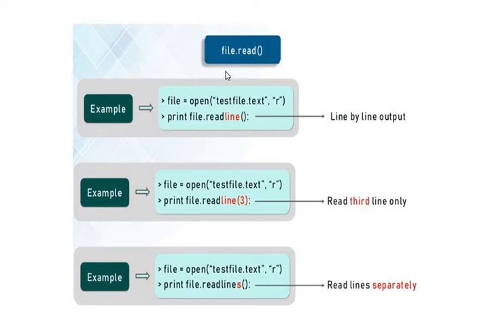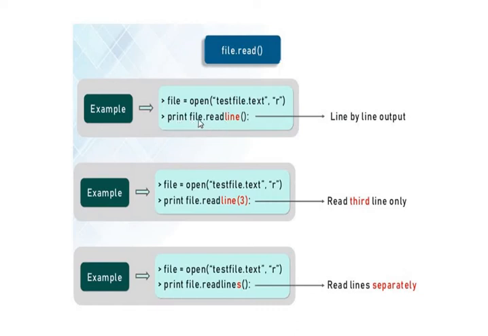Next, read mode. These are the different variations of read mode, different read-only parts of the file. File handler, file equal to open, this is the file name with the extension, the text file, and this is the file mode, read mode.